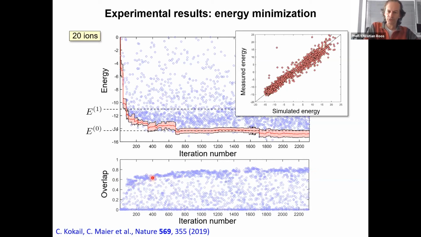And in the course of this optimization, this overlap went up to 80%, which means that we had a sufficient number of resources to prepare a state which is fairly close to the ground state of the target Hamiltonian. And so something like 84%.